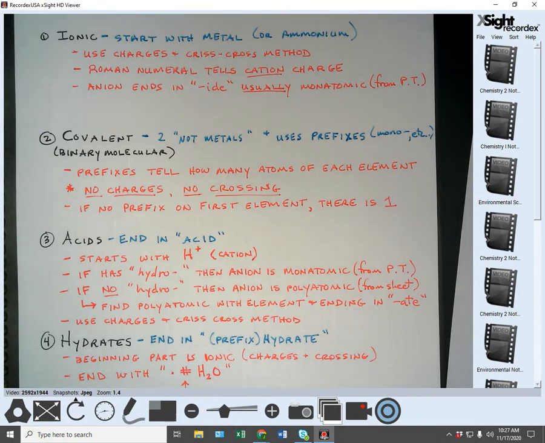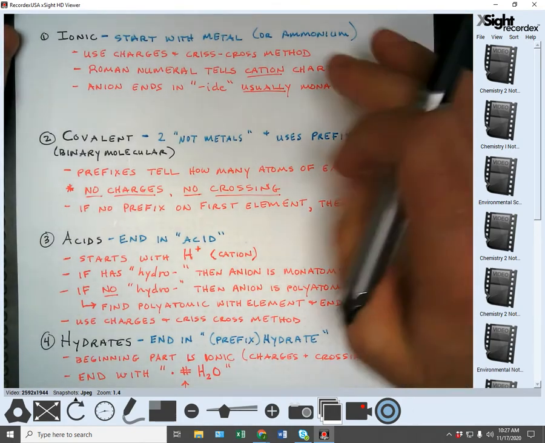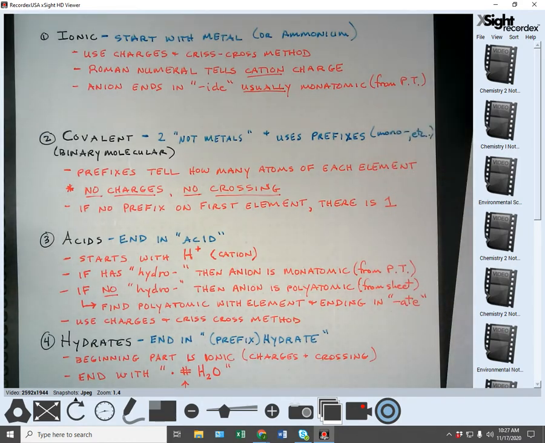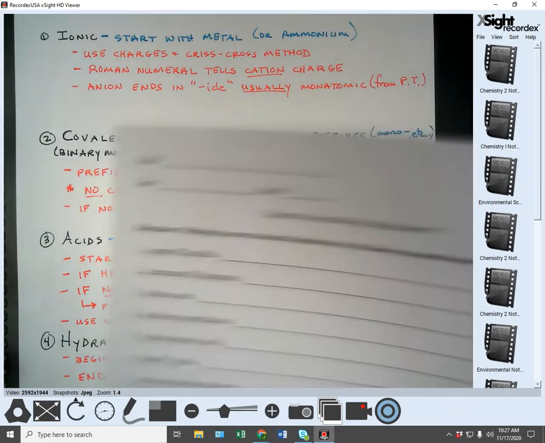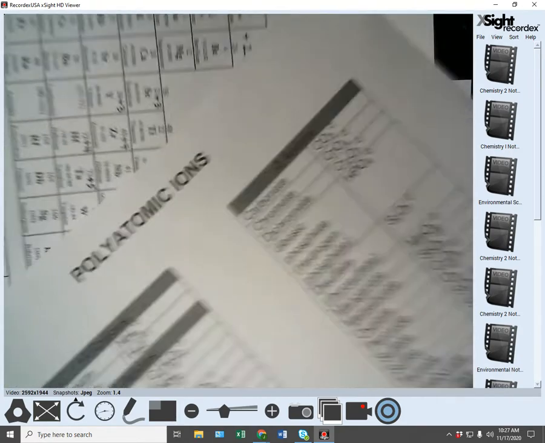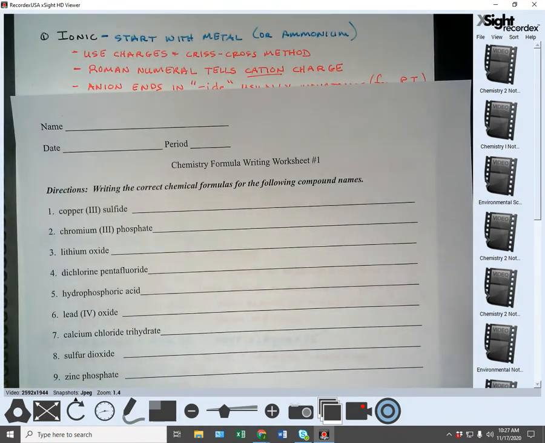So the red information in here is sort of breaking down how to do each type. I'll go through it briefly here. Ionic uses charges in the crisscross method, so you need your periodic table and your polyatomic sheet.